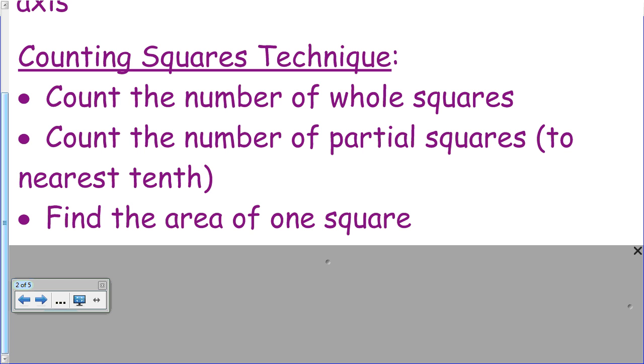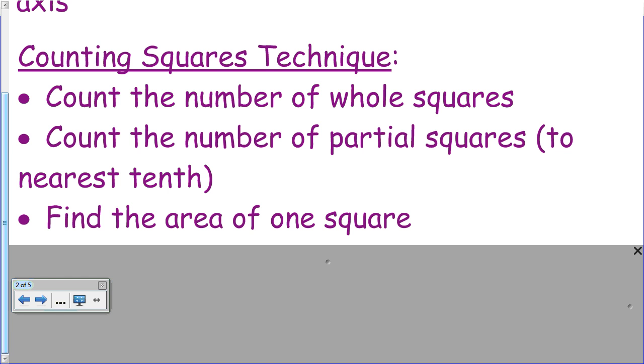So it turns out that the number of squares is exactly equal to the area of that geometric figure. That works only if the area of each square is 1. That's not going to be the case for the problems that we're going to consider. There might be some where the area is 1, but by far the majority are going to end up having areas that are not equal to 1.